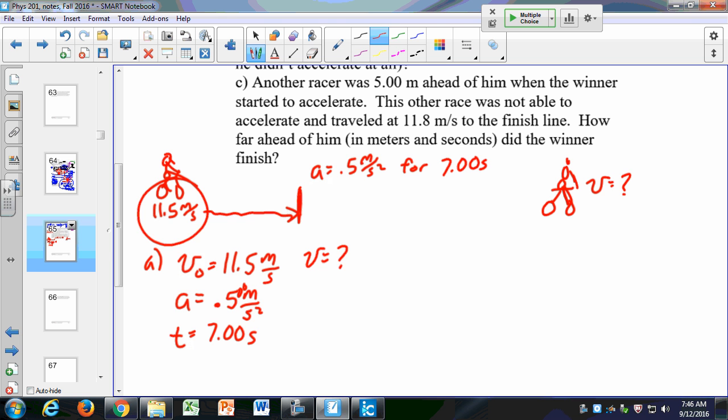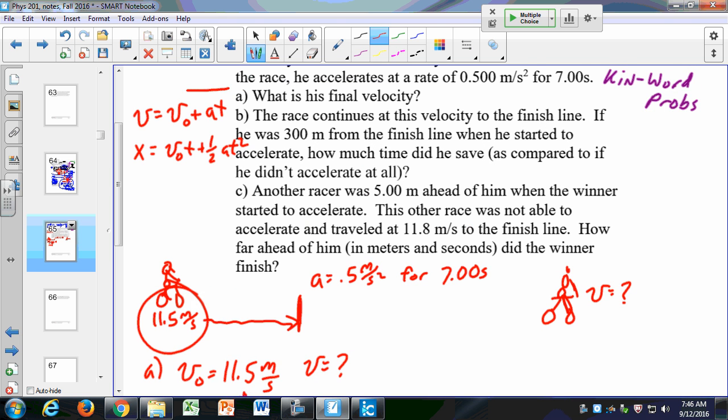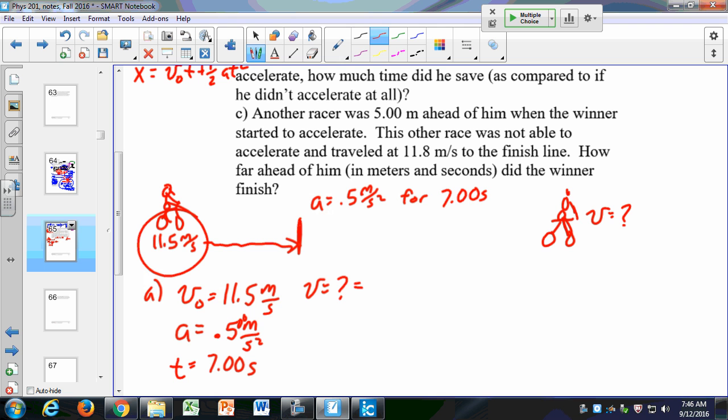I look back at my equations and this is the one that I want to use because I'm looking for this and I know everything else in it. So I can solve for that final velocity. It's 11.5 plus a times t, 0.5 times 7, which is going to give me 15 meters per second. So that's his final velocity.